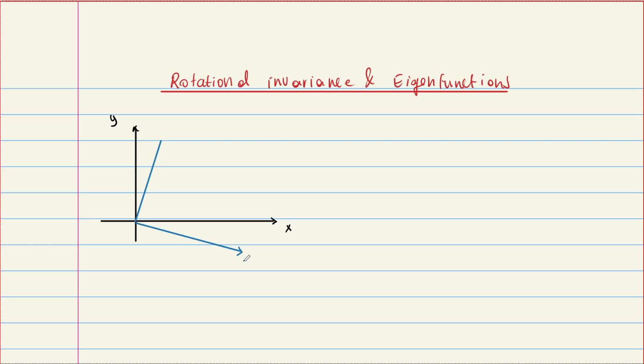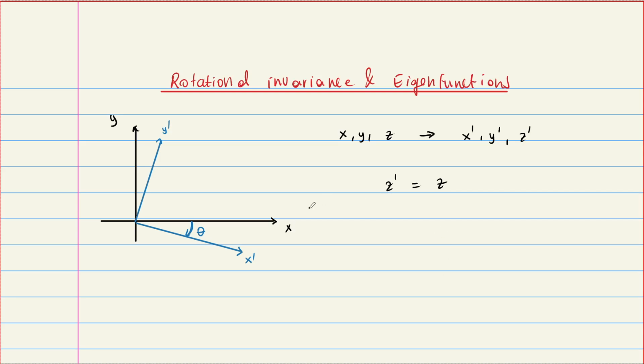Let's call this x prime and y prime, and the amount of rotation is theta. Okay? And after the rotation, my x, y, and z goes to x prime, y prime, and z prime. Because the rotation is around z, z prime is equal to z.